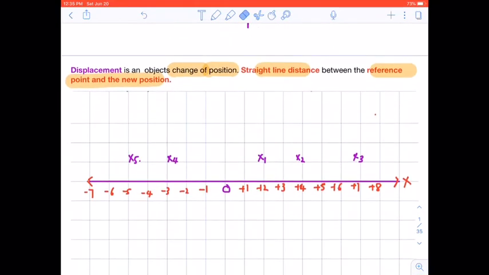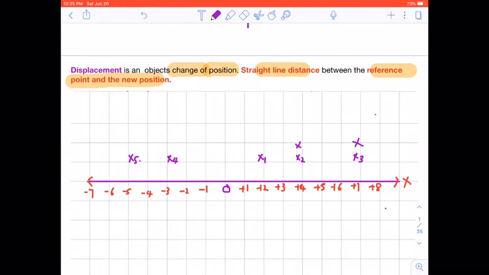Okay, now we say if the object goes from, let's say, x2 to x3, so it's here, it's there, and it's moving to x3 here, okay? So it's going there.